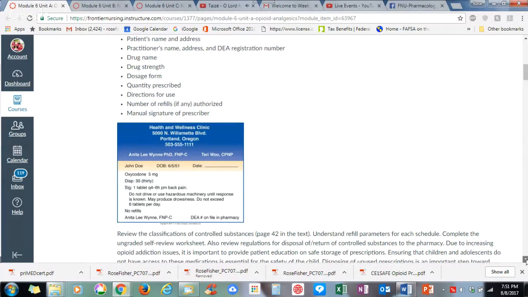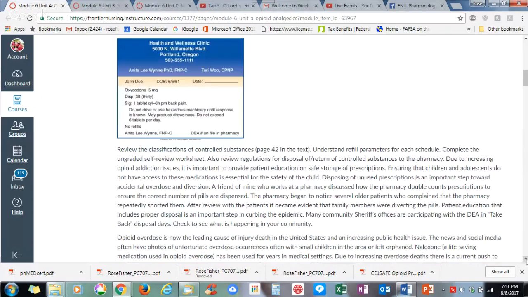For example, you can have the clinic name and address, the practitioner name, and then the patient, John Doe, date of birth, and then the date that you're prescribing oxycodone, 5 milligrams, dispense 30, and write out 30.